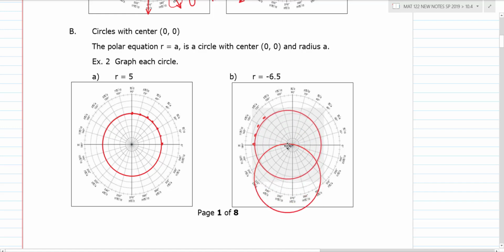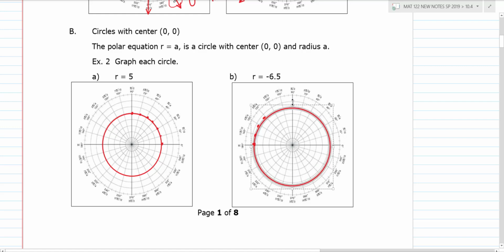So again, you just sketch that in. That would be halfway, 6.5, in all directions like that, so just shade in that ring. Hey, that's not bad. You get the idea. So that's what the circles look like.